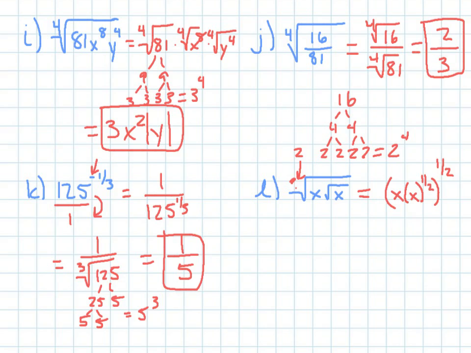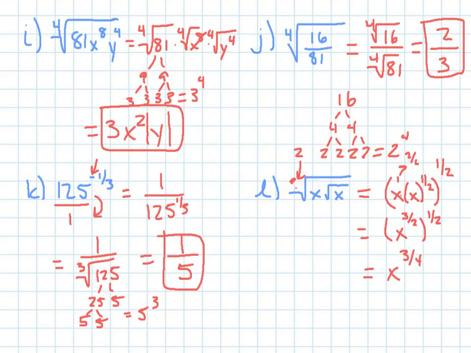Okay? So because you're multiplying these like bases, on the inside here, I can actually add them. So 1, it's x to the first, which is the same thing as 2/2. So I actually get x to the 3/2 when I add them. And now you have power to power property, so you can multiply those two, which gives you x to the 3/4.